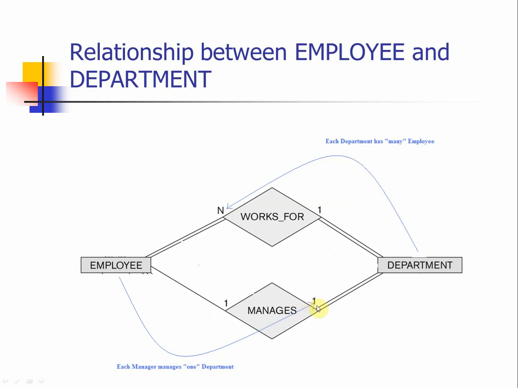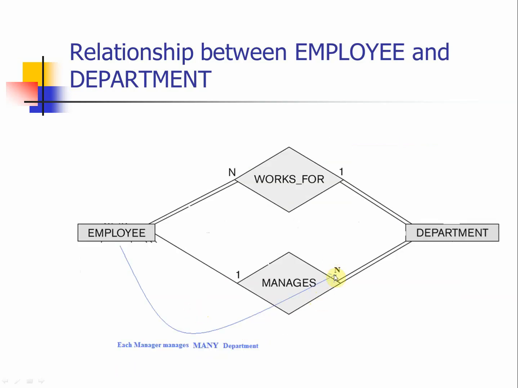If we change this into n, that changes the definition of manages, so each manager can manage many departments if we put an n over here. That is what we try to understand in the constraints for the cardinal ratio.